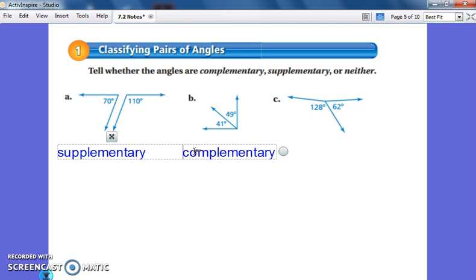And then finally, letter C. If you were to add 128 and 62, what do you get? That's going to give you 190 degrees. That's neither supplementary nor complementary. So here you would say neither.